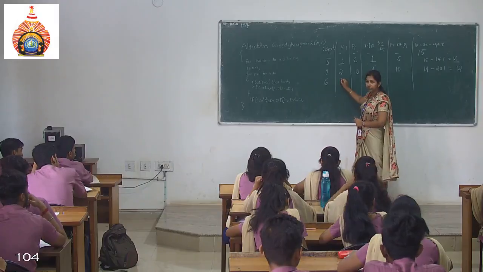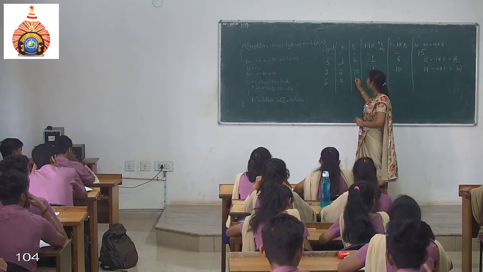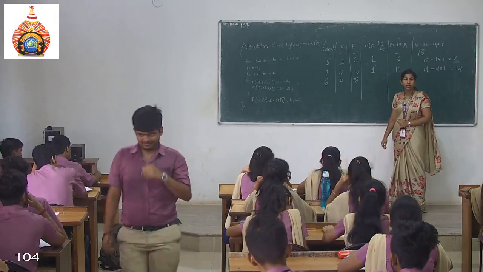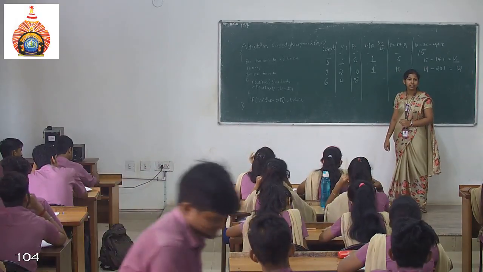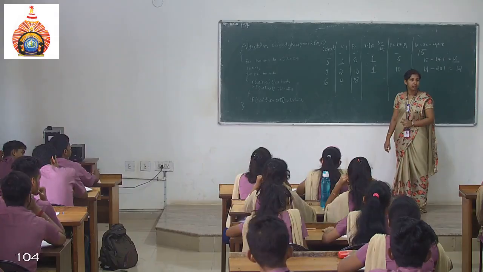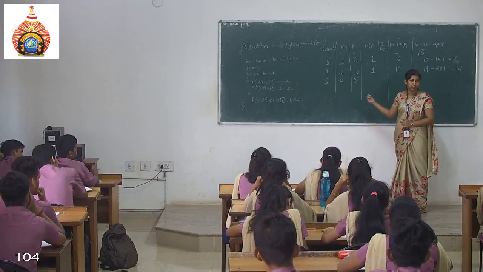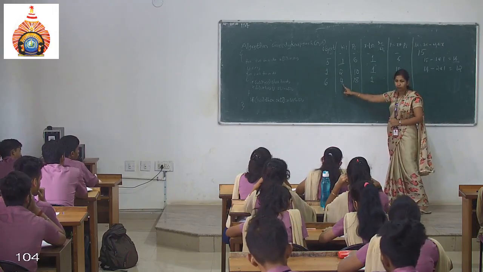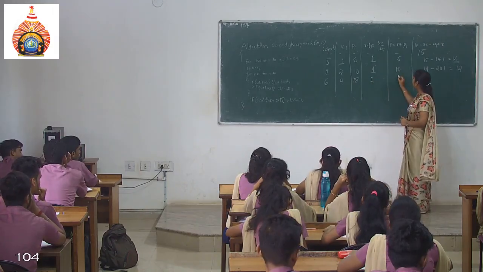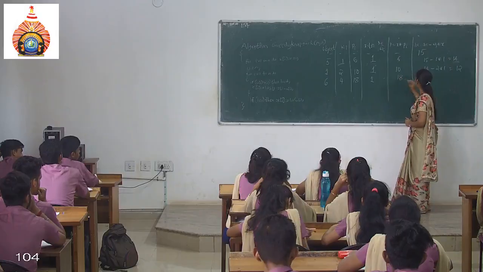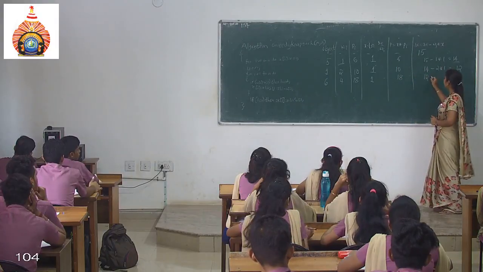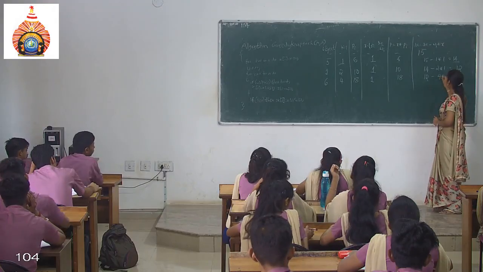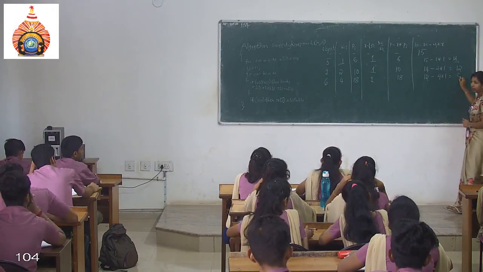The weight of the object is 4 and profit is... others are sleeping in the class? The entire object I can put, correct? Yes. So profit is 18. Next, RC is equal to 12 minus 4 into 1. That is nothing but 8.